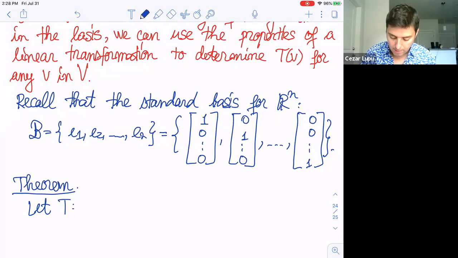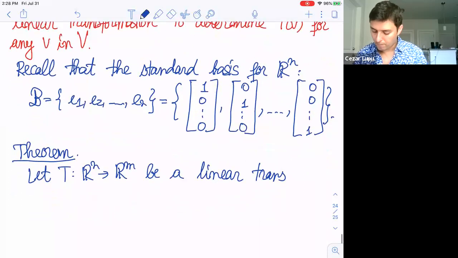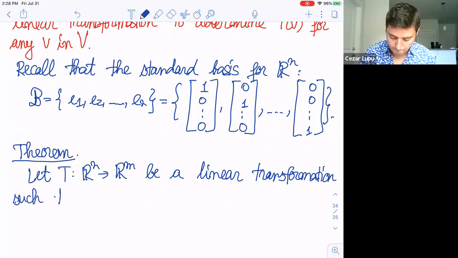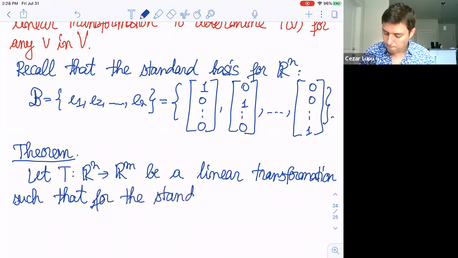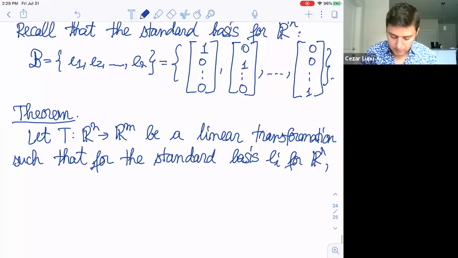So let T from Rn to Rm be a linear transformation, such that for the standard basis ei for Rn, we have the following.